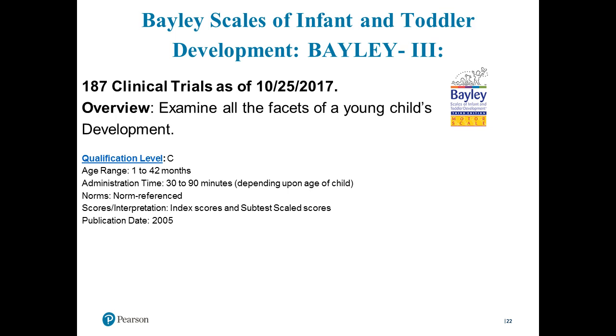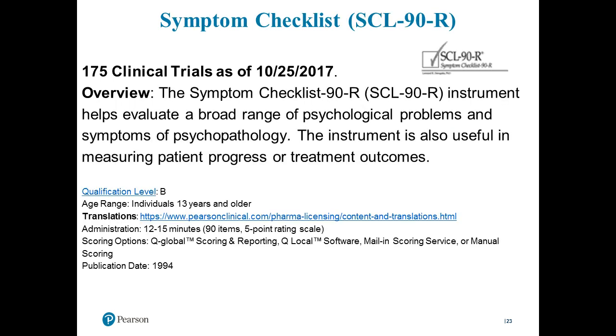Now, one of the things to be aware of is when you go to clinicaltrials.gov, there are different versions of our tests. So if you search for Bayley, you're going to find the most number of tests. But if you search for an individual version of the test, you're going to get fewer actual trials. But what this is going to do is the Bayley is going to examine all facets of a young child's development. So multiple clinical trials, 187 with that test.